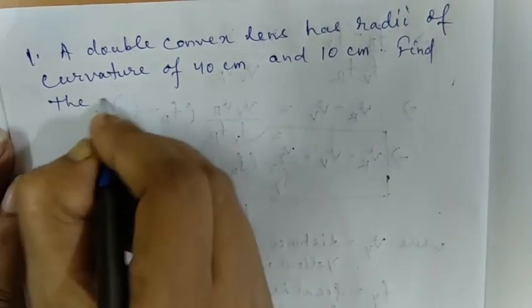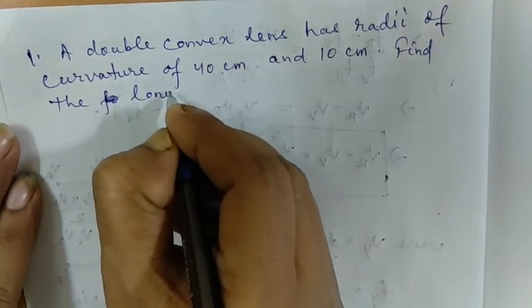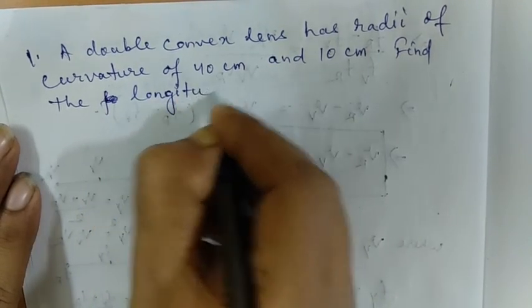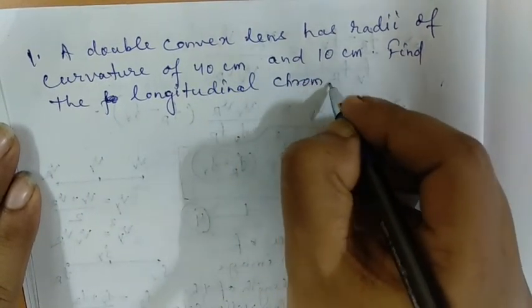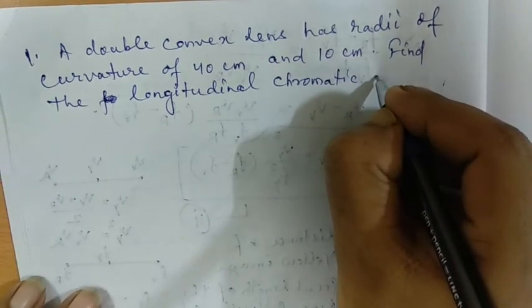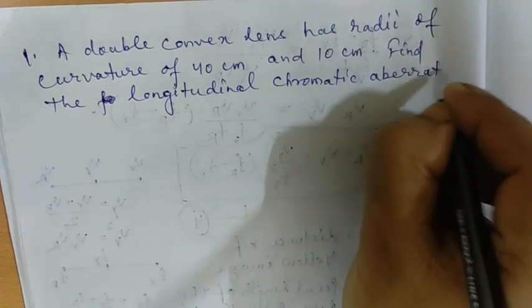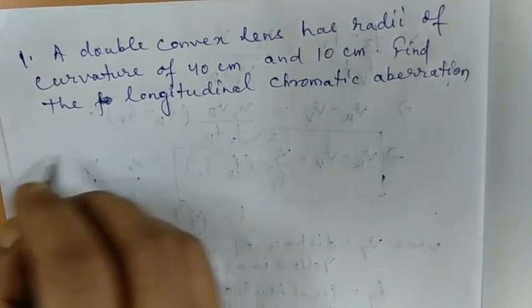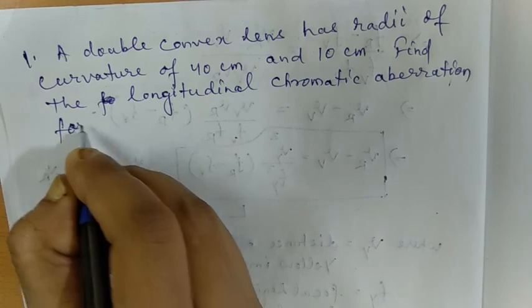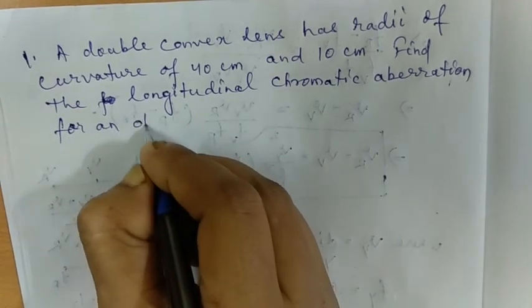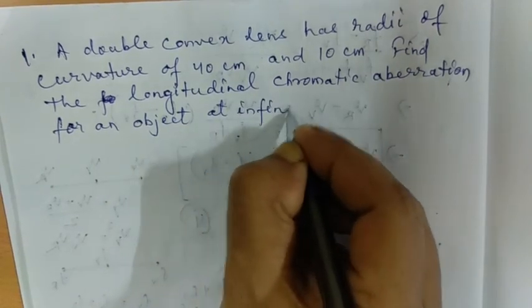Find the longitudinal chromatic aberration for an object at infinity.